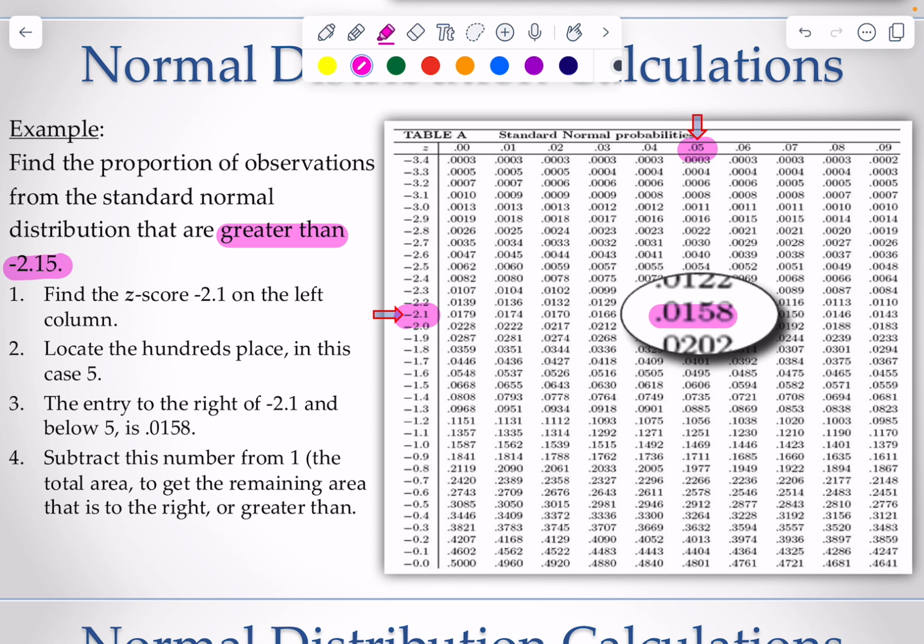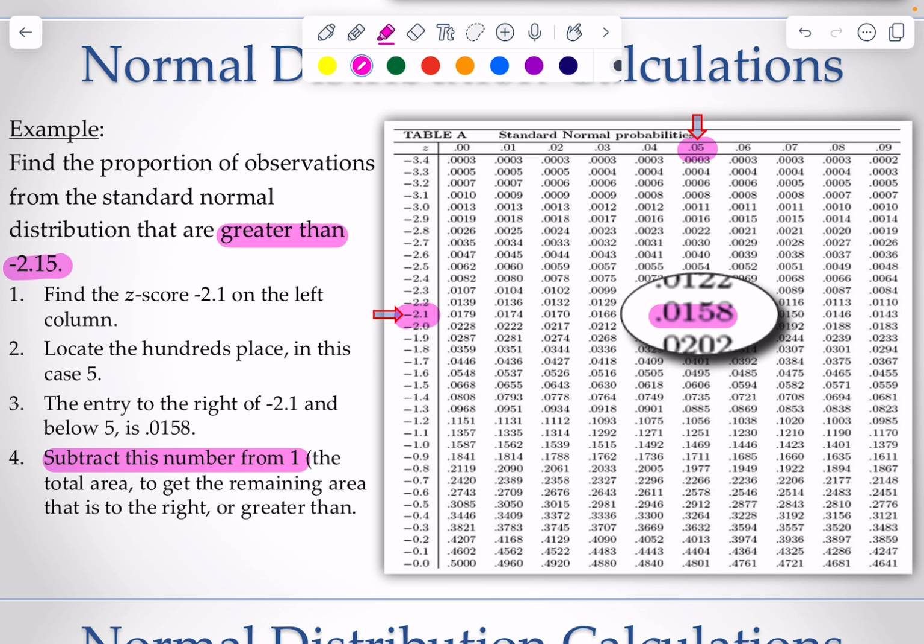Now the problem is that 0.0158 tells me that 1.5% of values are less than negative 2.15, but we wanted values to the right. And so this goes back to that idea with density curves that the total area is equal to 1. So I'm going to take that 0.0158 and subtract that number from 1 to get the actual area remaining to the right of that point.